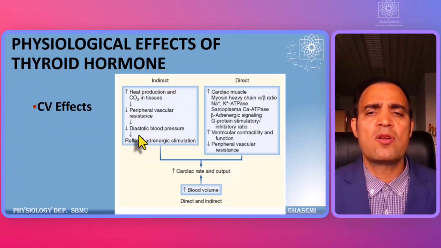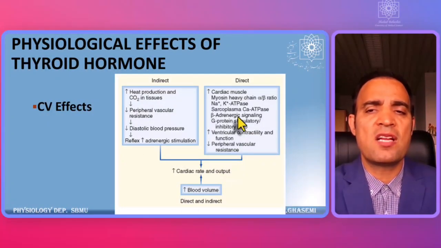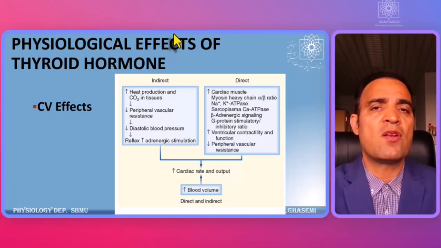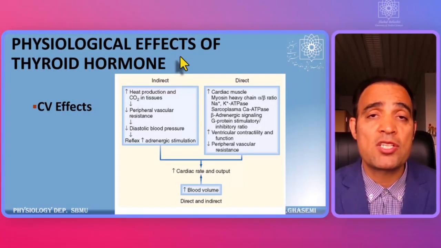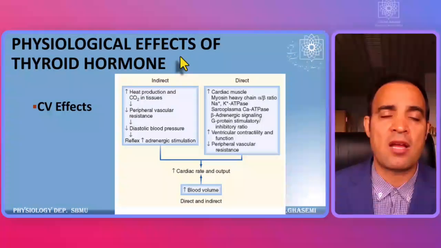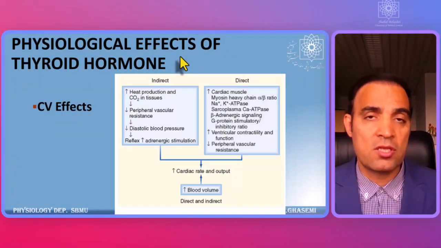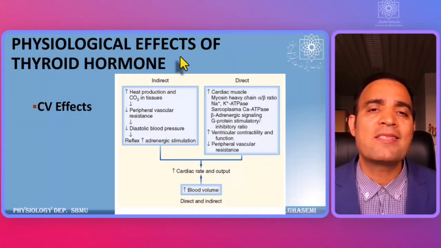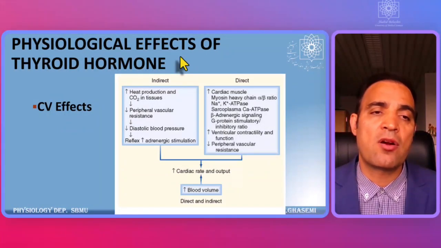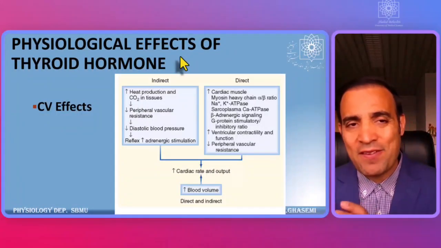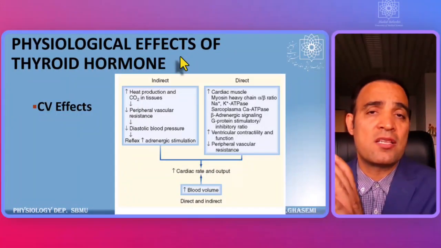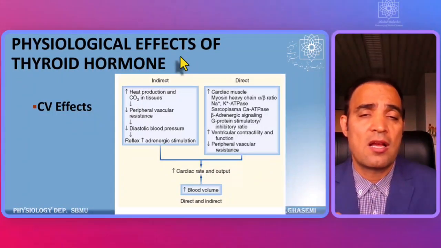The thyroid hormone function and effect is not just limited to the development and maturation during embryonic life and early life. During the whole life, it has several effects. For example, on the cardiovascular system, it affects the cardiovascular system either directly or indirectly.